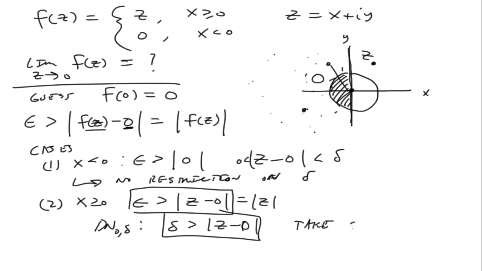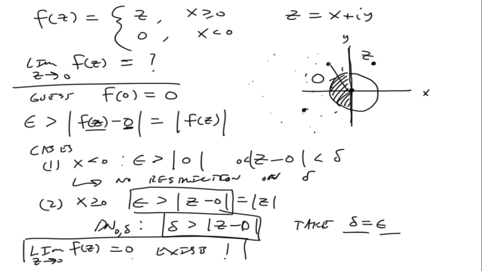So I can take delta to be equal to epsilon, and that works. So now for every epsilon I can find a delta. Great. And that means the limit as z approaches 0 of f of z is equal to 0 exists and is a true statement.